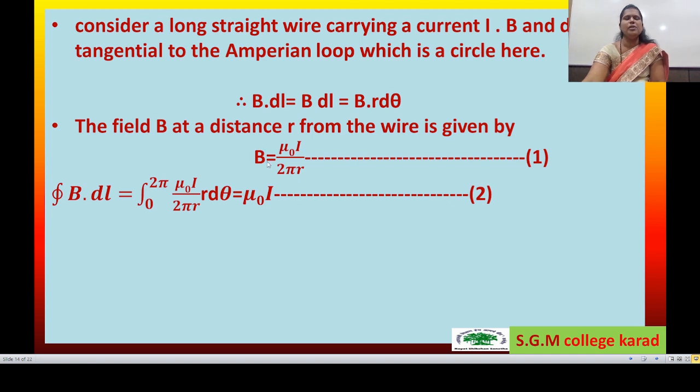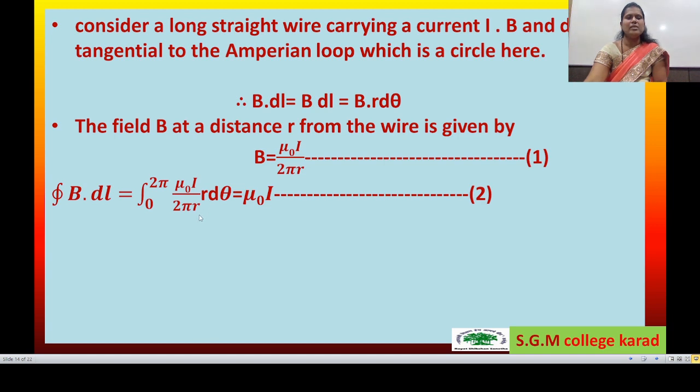Substituting the value of the magnetic field along the long straight wire, which we already saw in the last lecture, B is equal to mu 0 I upon 2 pi R. By applying Ampere's law, the line integral of B dot dl is the integral from 0 to 2 pi of mu 0 I upon 2 pi R times R d theta.